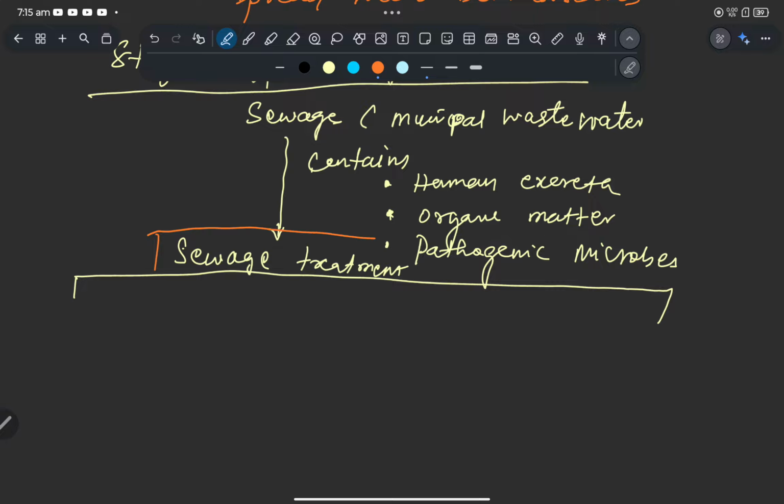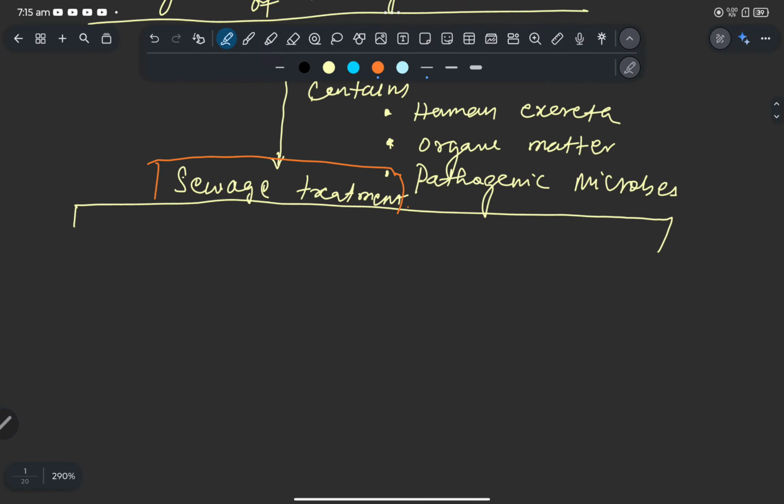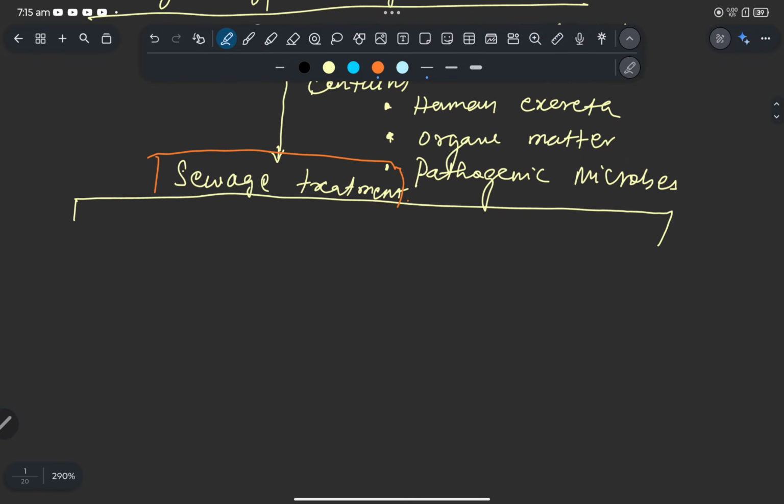It takes place in two steps. The first one is primary treatment. This is the physical treatment.